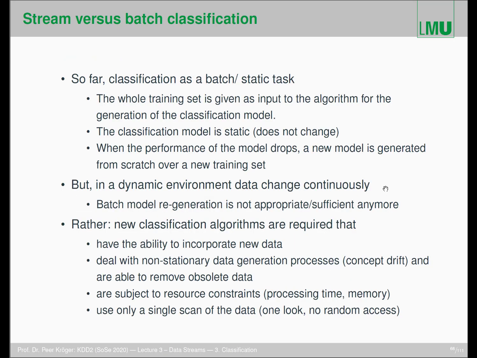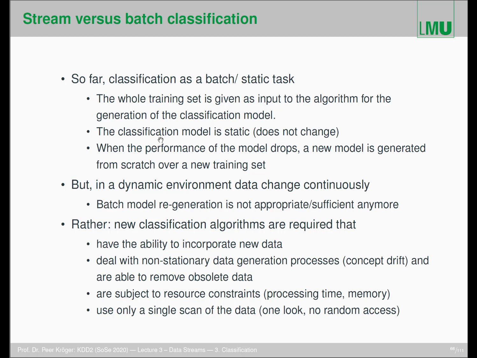Yeah, and so far we have only considered classification models or classifiers for the batch scenario. In that case, the whole training data set is given as input of the algorithm, and we can access this whole training set multiple times, or an arbitrary number of times, during the model generation.